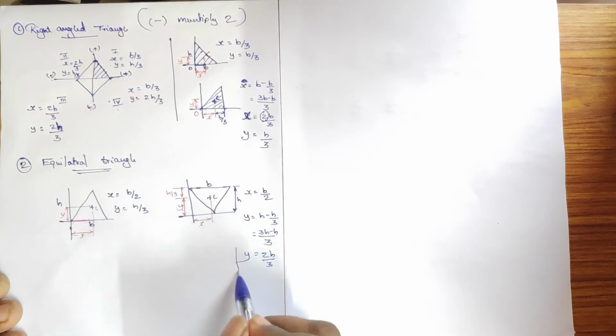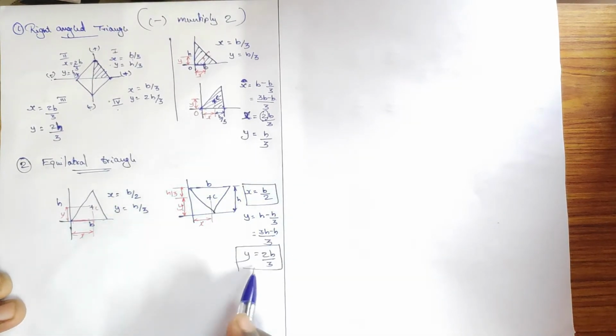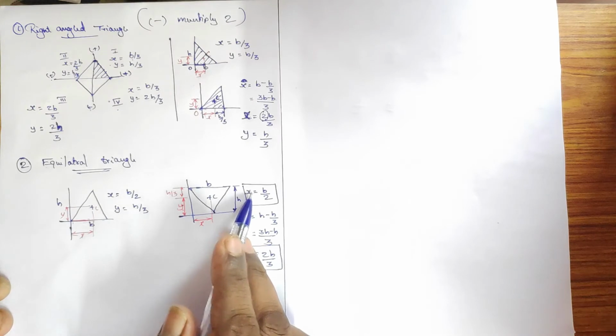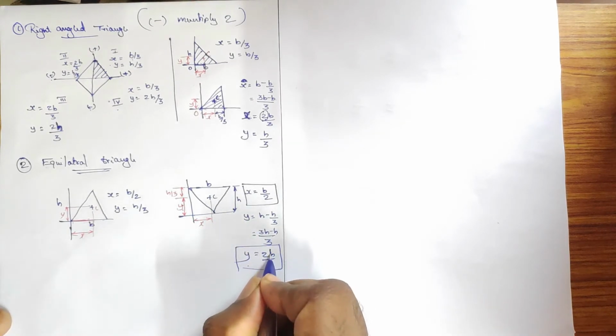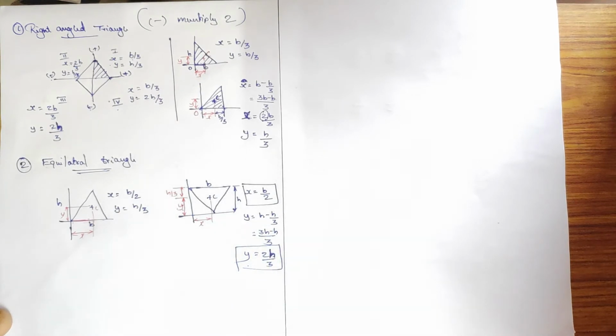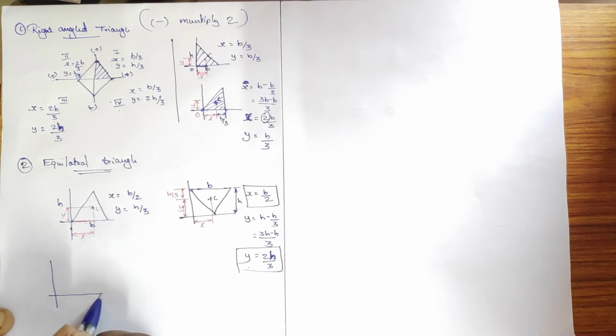Okay, 2h divided by 3. So remember, when you have the inverted manner, you have to be careful. The x direction is b by 2, but the y is 2h by 3. Be careful.